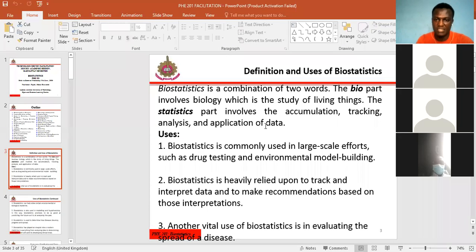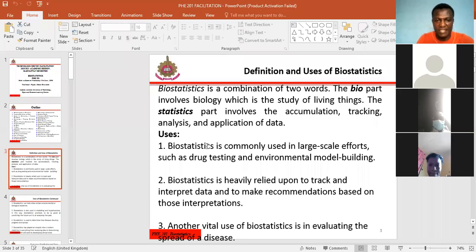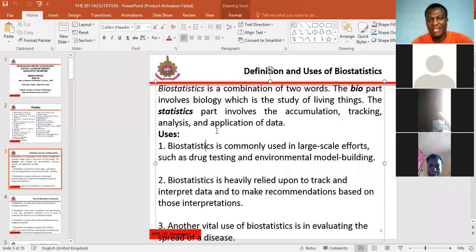and a number of other facts that you might have been taught. Now, the word statistics itself has to do with the accumulation of data, tracking, analyzing, and application of such data. What I want to bring out here is that biostatistics is simply the application of statistics to the field of biology, I mean, to the field of medicals, which is the one that you have at the moment.